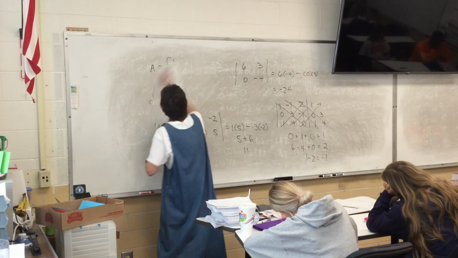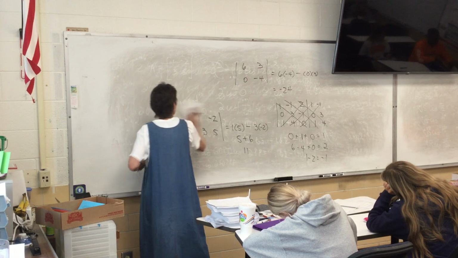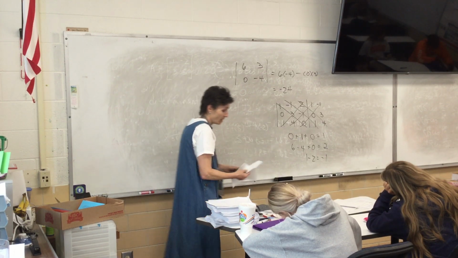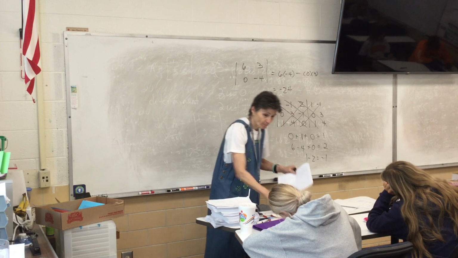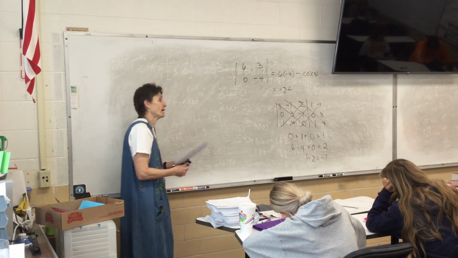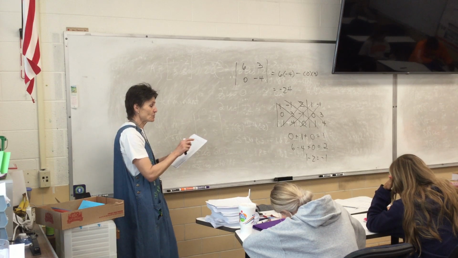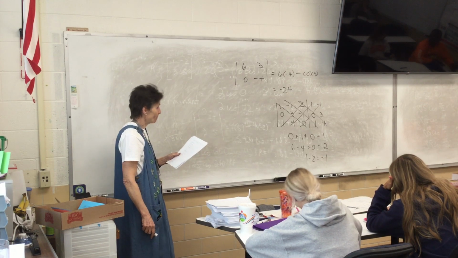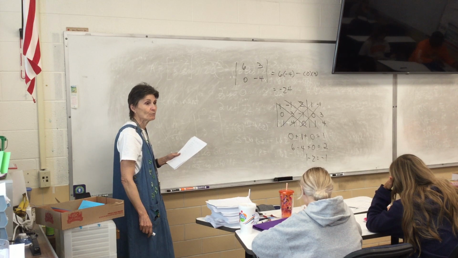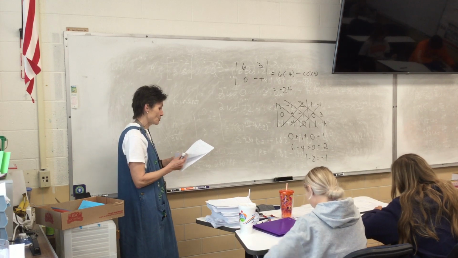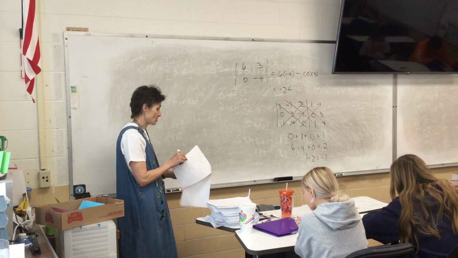In order to find a determinant, you have to be square. And D is not square. What are the dimensions of D, by the way? 2 by 3. Thank you, sir. 2 by 3. 2 rows, 3 columns. In order to find the determinant, you have to be square.